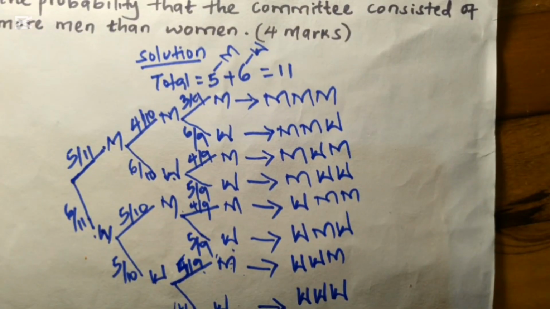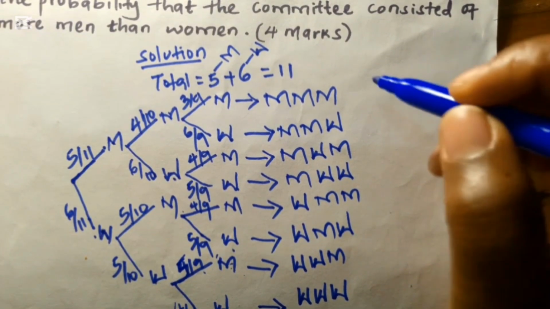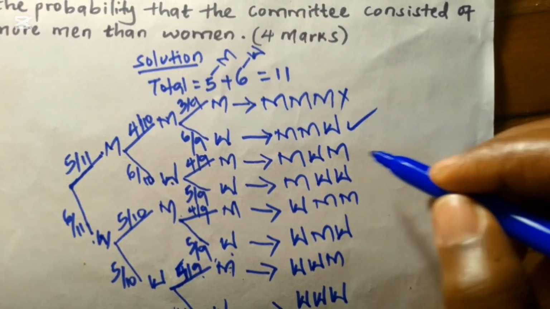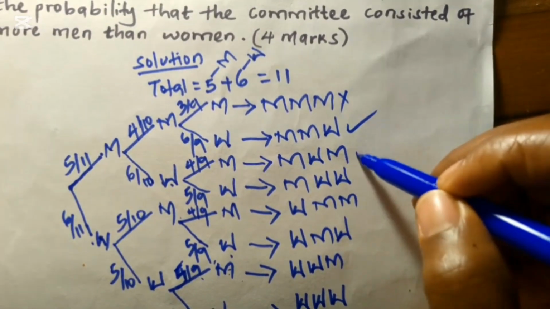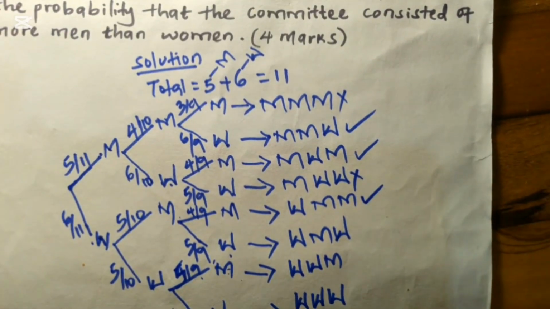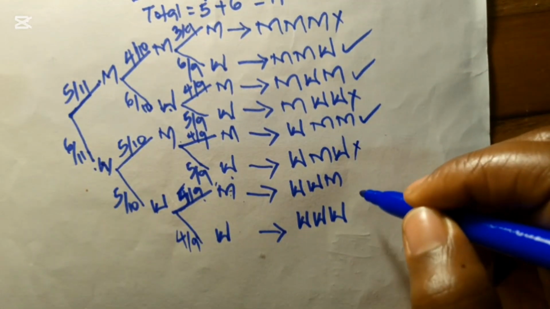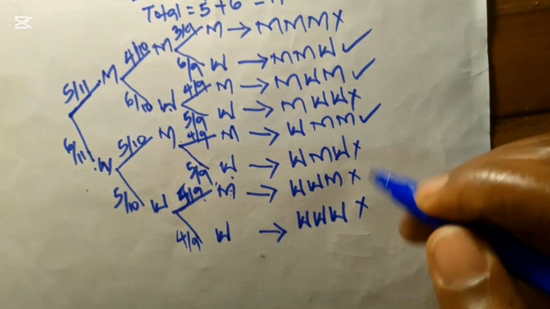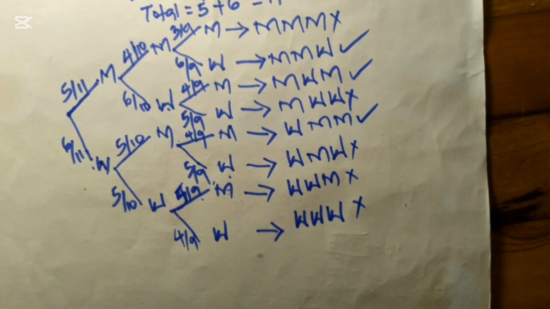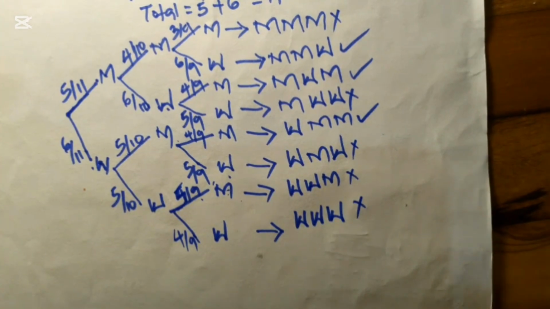So whenever we have 2 M's, we need that probability. So this one out, this one in, this one man in, this one out, this one in, this one out, this one out. So we have three probabilities.